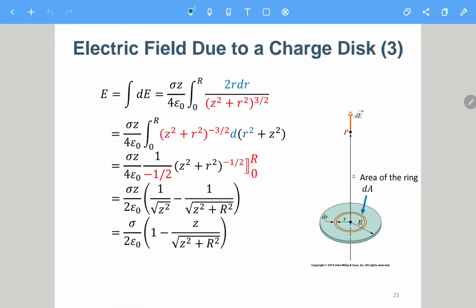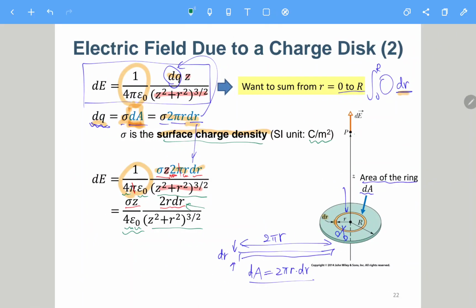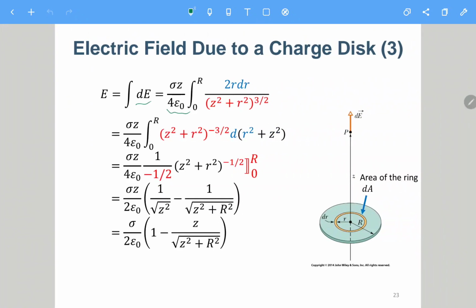Okay, so next, we can just plug in the expression of dE here so that we can do the integration. So the integration is like this. Of course, this term is independent of r, so we can just put it out as a constant. The remaining stuff is 2r dr, and then also this part.